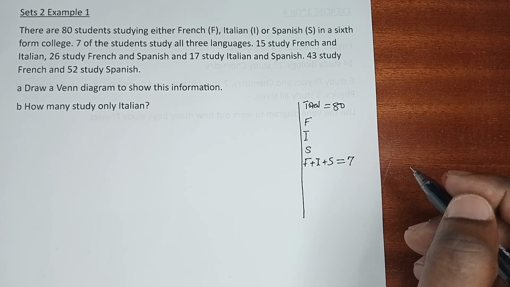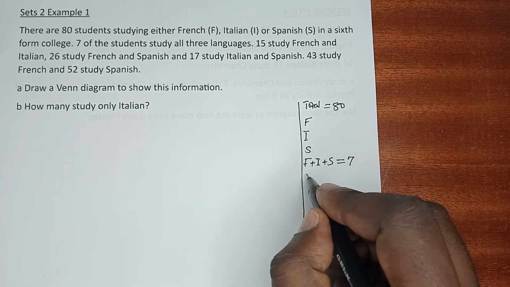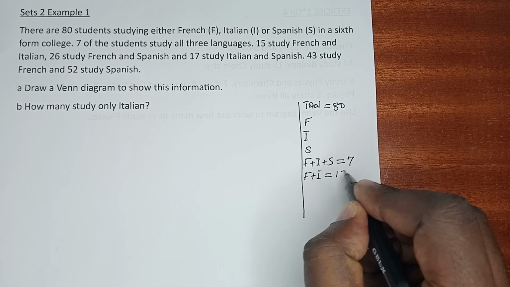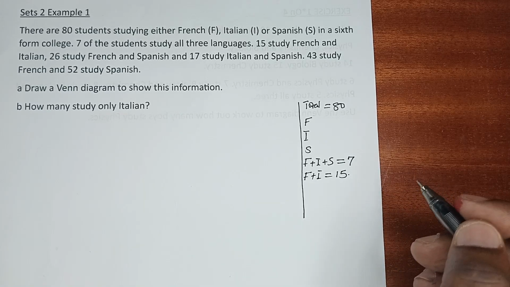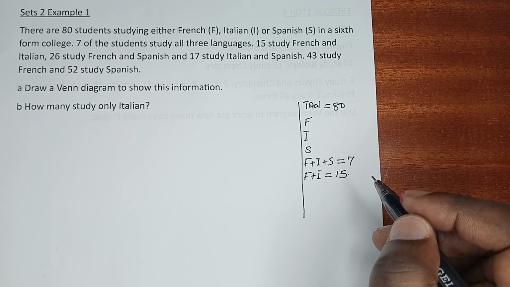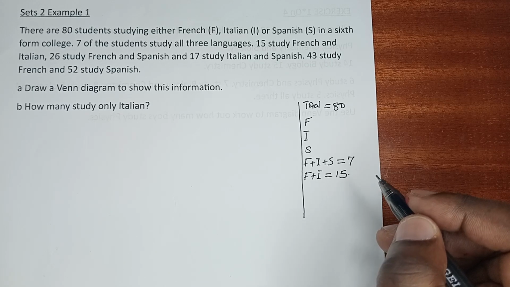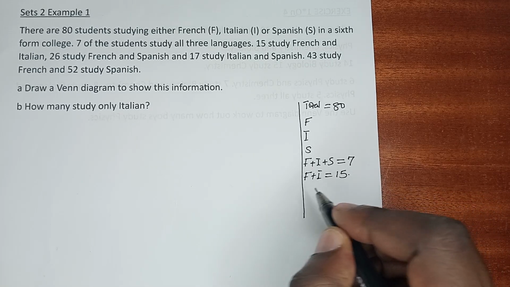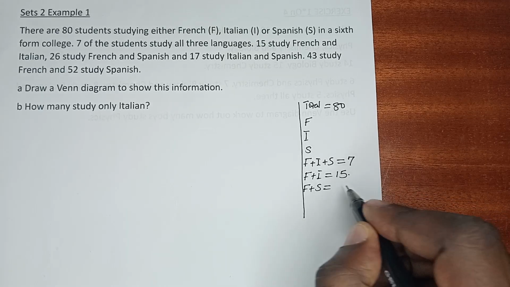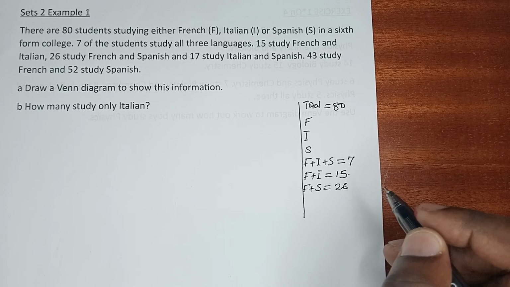15 study French and Italian. French and Italian, you will find 15 students studying French and Italian. 26 study French and Spanish. We have 26 of the students studying that.